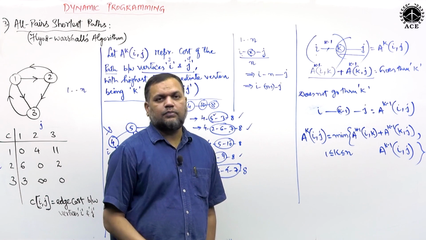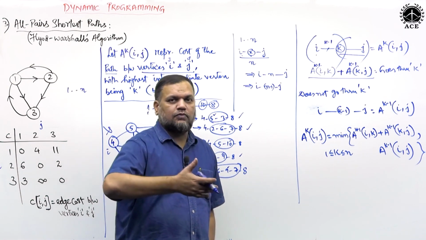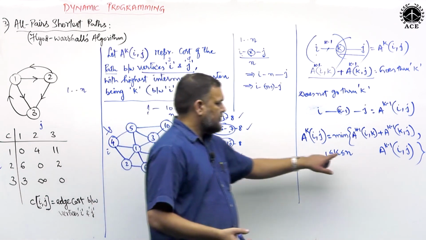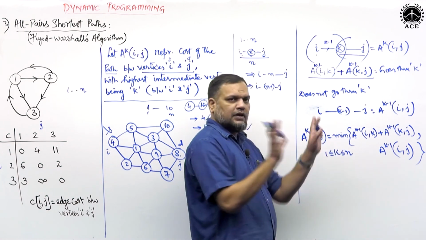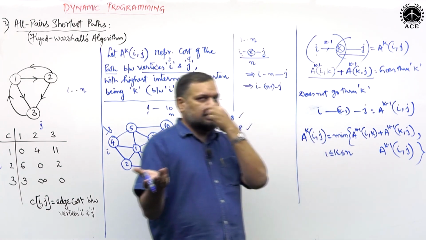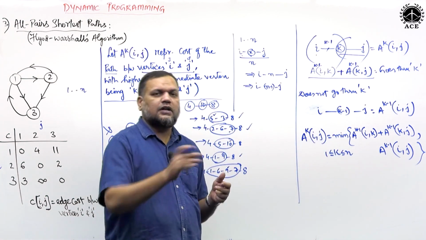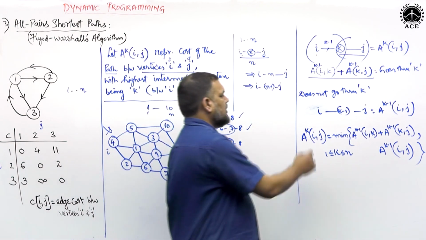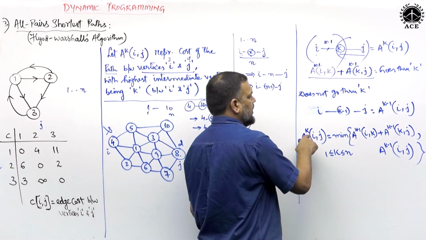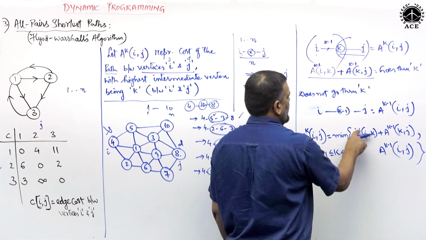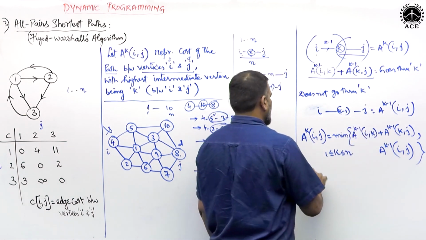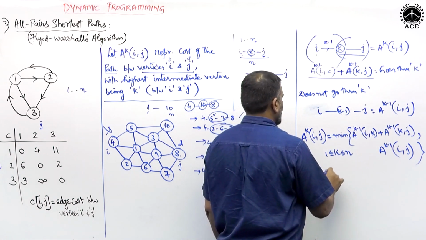Any vertex can be an intermediate vertex, starting from 1 going up to n. So it will work starting from n as the highest intermediate, then if it does not go through, n minus 1, then n minus 2, and like that I try until I come to 1. When it becomes 1, this k minus 1 will become 0, please remember. So A^0 becomes my initial condition of the recurrence.